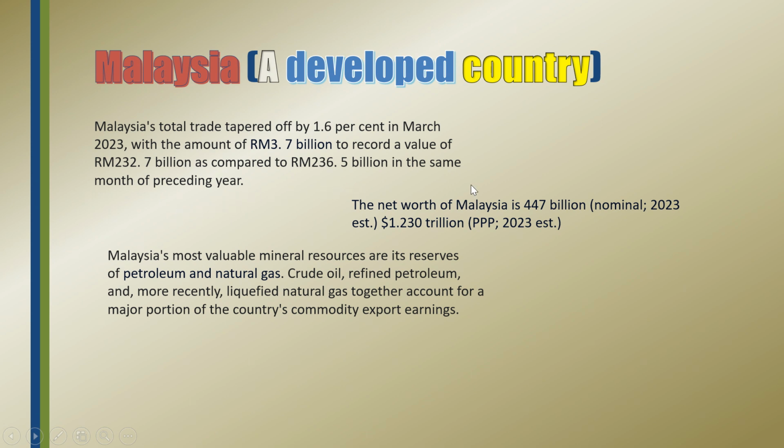The net worth of Malaysia is 447 billion nominal, 2023 EST, 1.230 trillion dollars PPP, 2023 EST. Malaysia's most valuable mineral resources are its reserves of petroleum and natural gas. Crude oil, refined petroleum, and more naturally, liquefied natural gas together account for a major portion of the country's commodity export earnings.